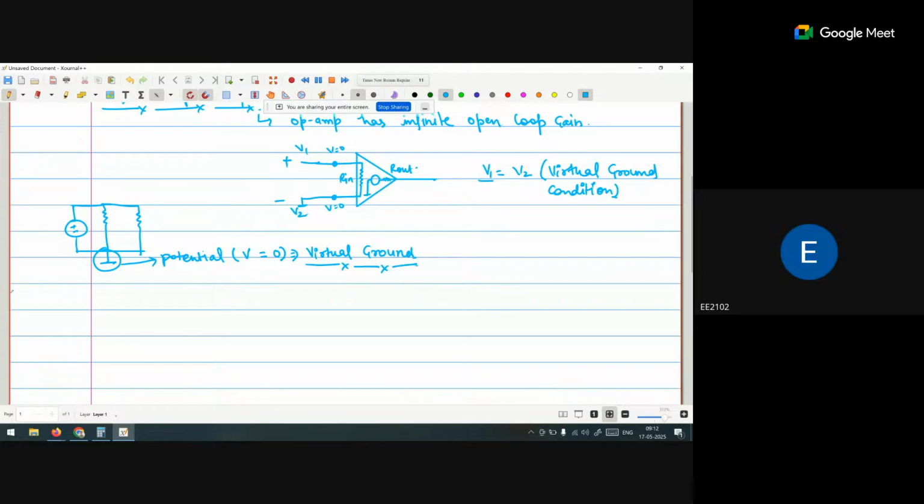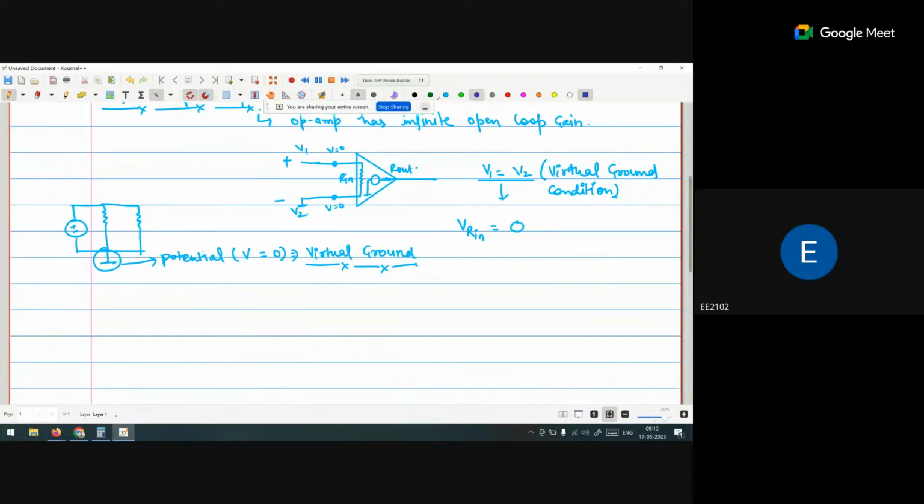So when solving, we consider that V1 is equal to V2 due to the virtual ground condition. And if V1 is equal to V2, the voltage drop across Rin is also zero.